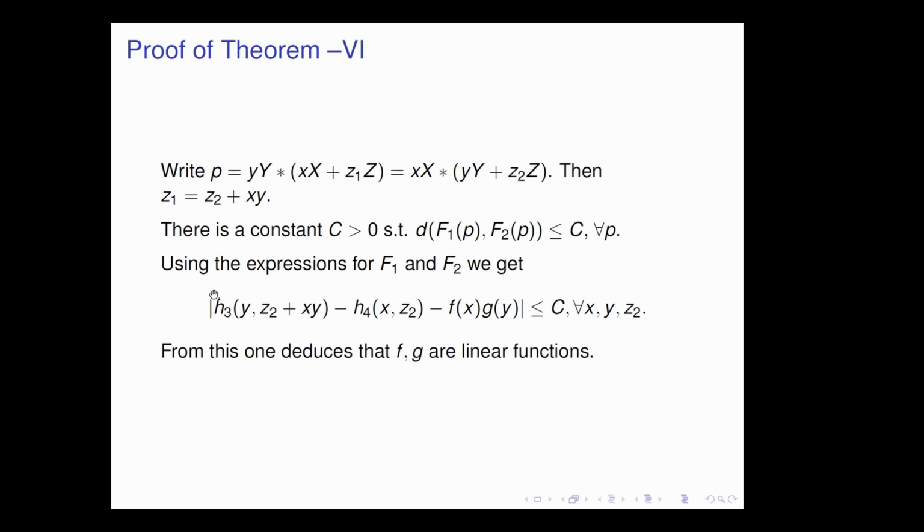So you can see this h3 of z2 plus xy and h4 of z2 by enlarging this constant. Right, so this is just some details, but it's elementary. I didn't include it.